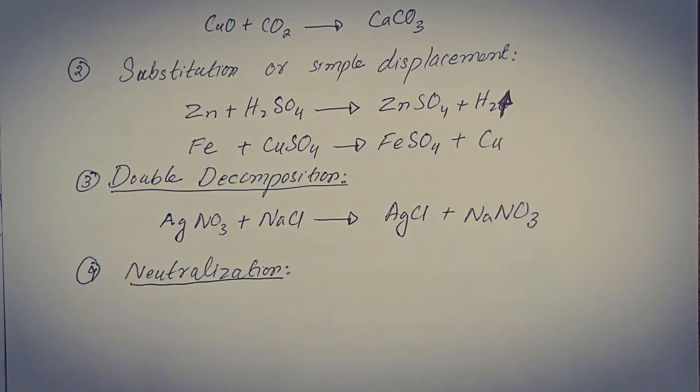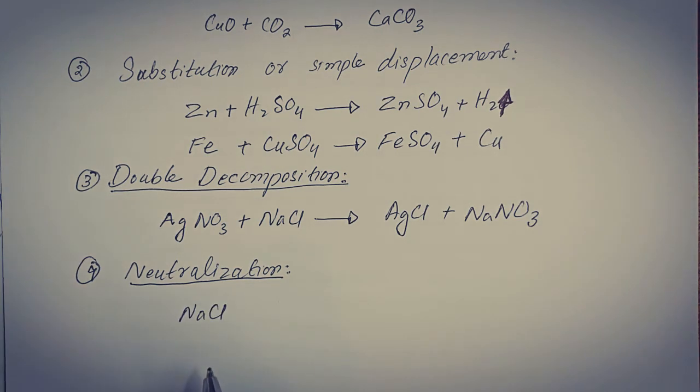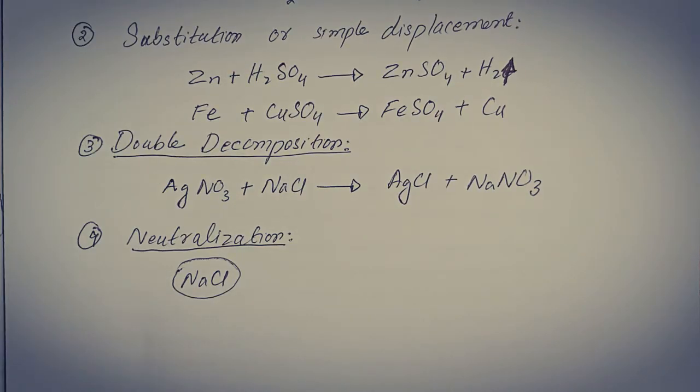Neutralization. Acid and bases react with one another to form salts, and the solvent molecules are given out. Thus, the neutralization of sodium chloride is obtained from the neutralization reaction between the hydrochloric acid and sodium hydroxide.